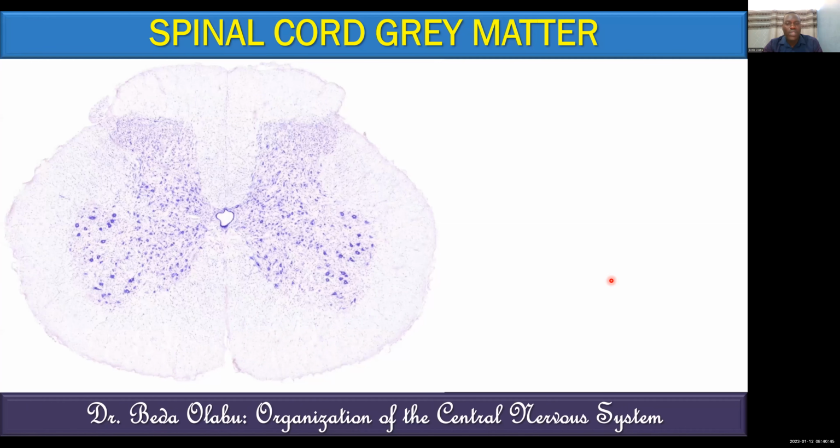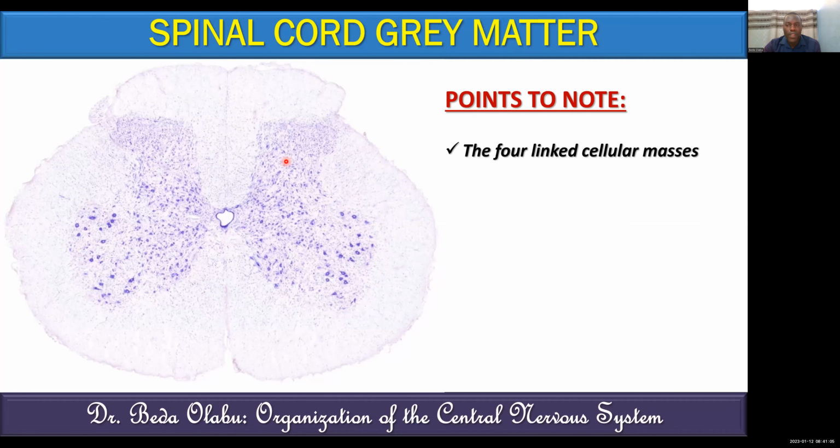Now I want to practically take you through some concepts of the spinal cord gray matter. So this is how it will look like if you look at a slide of the spinal cord. There's some points to note. This spinal cord gray matter, we've said that's butterfly-like, or letter H. That makes us understand that there's some 4 linked cellular masses.